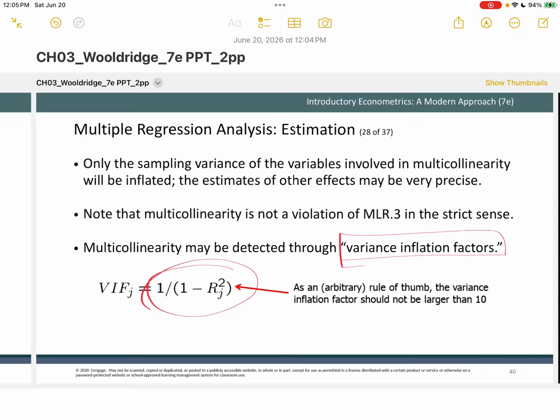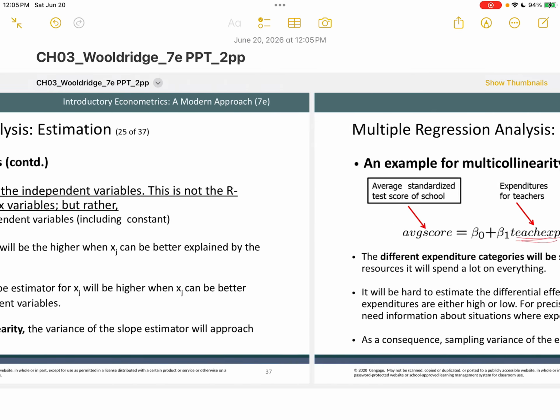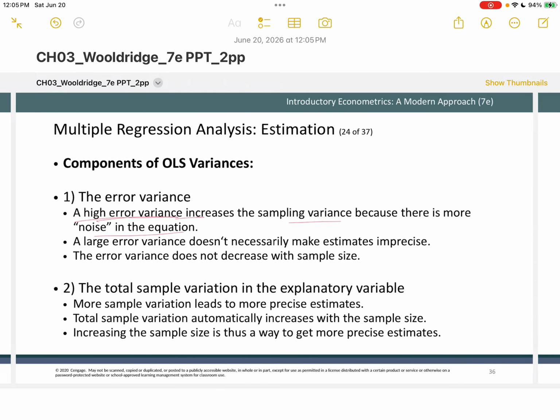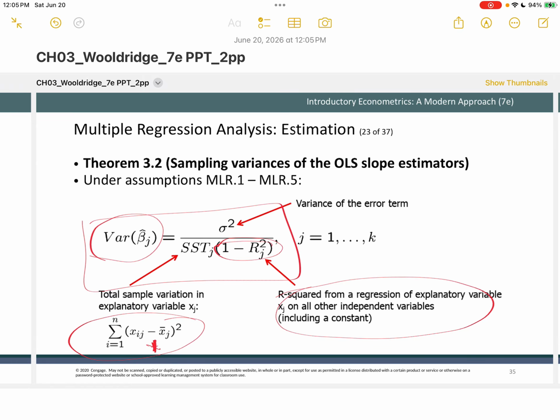Do you realize that this looks familiar? Yeah. 1 minus r squared j was in the denominator of your variance of your beta hat j, right here. So variance of beta hat j is basically equal to sigma squared over SSTj times VIF.